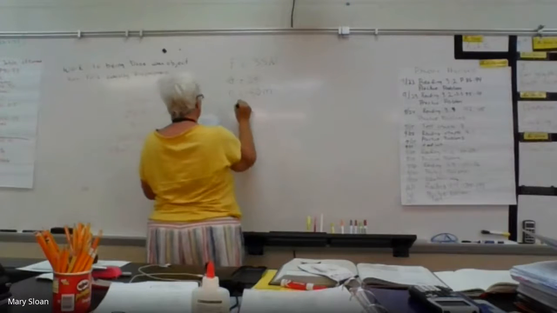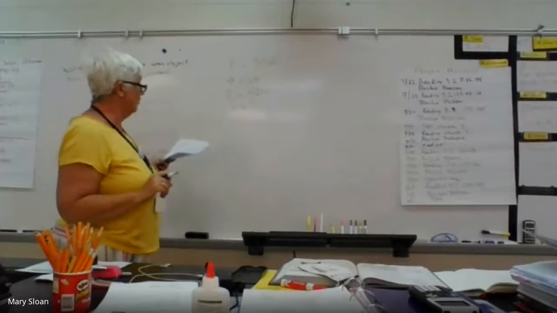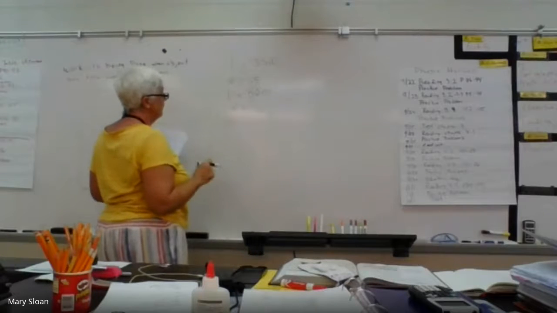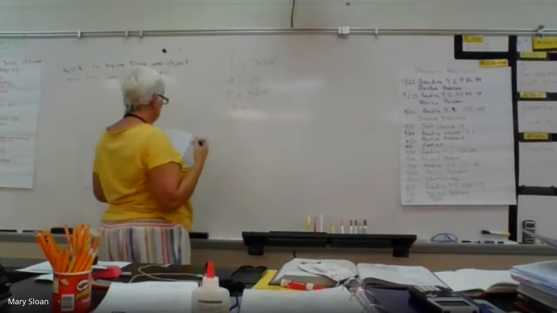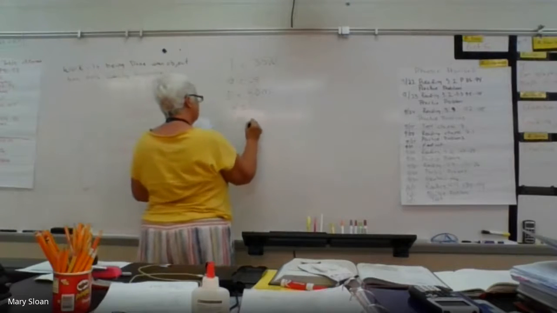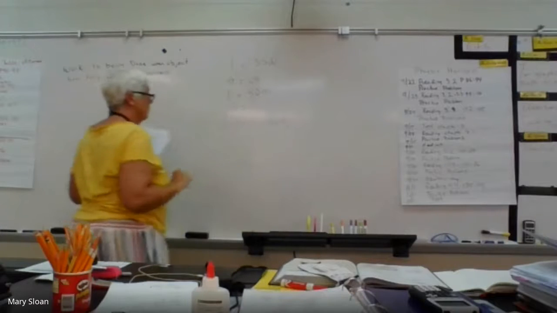And we're trying to find work being done on this problem. The first thing we do when we read our equation is write down the information that we know. We know that work equals force times displacement times cosine of the angle.